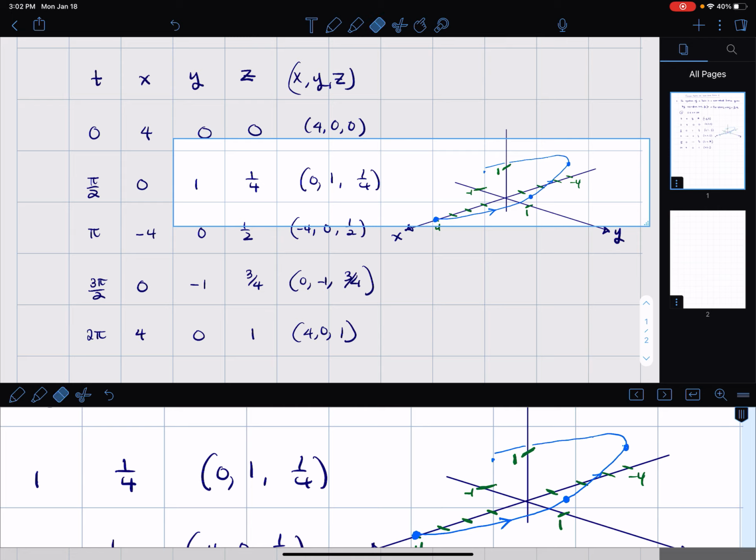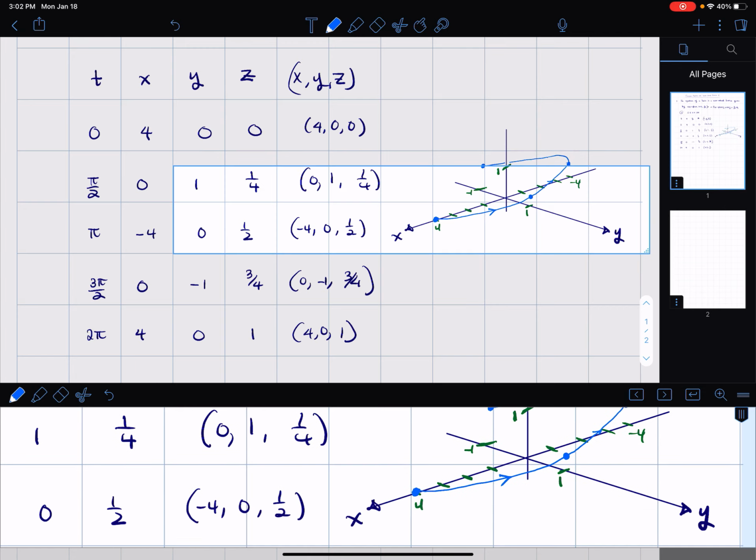I'm going to cheat a little bit. I'm going to move this point to where I want it to be, here. And then we have 4, 0, and 1.